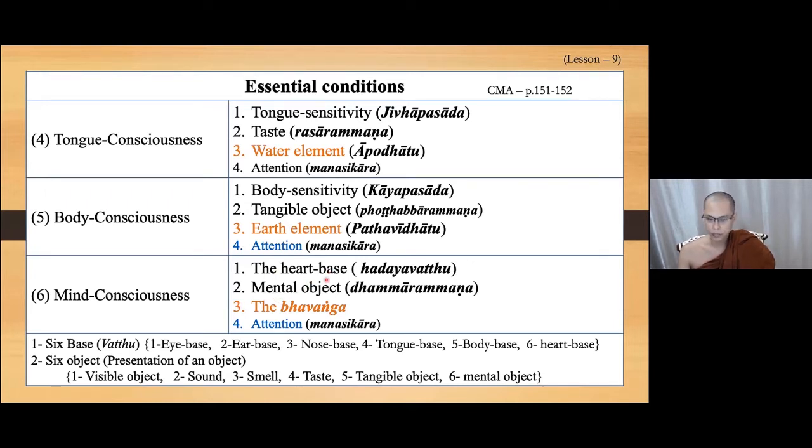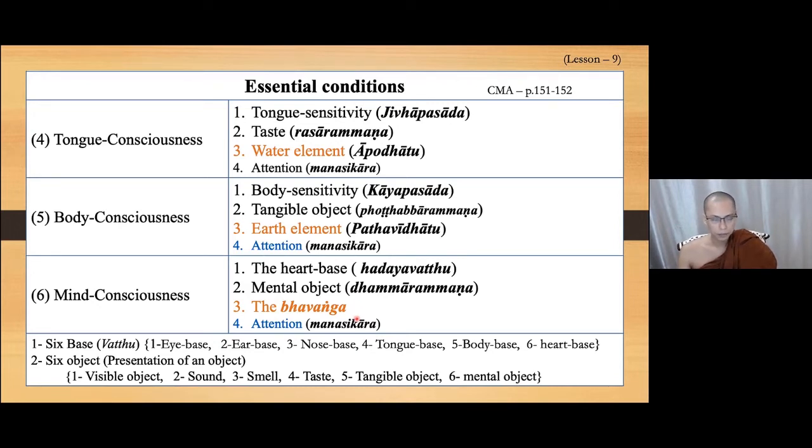So this is the general description. Sometimes in the immaterial sphere, even the heart base is absent. So mind, object, and bhavanga, attention, by these essential conditions, the mind can arise in the immaterial sphere.